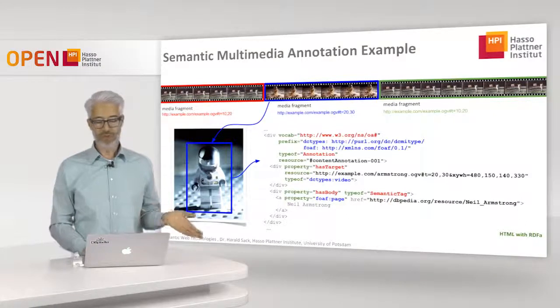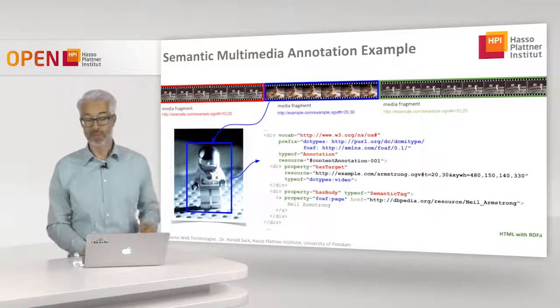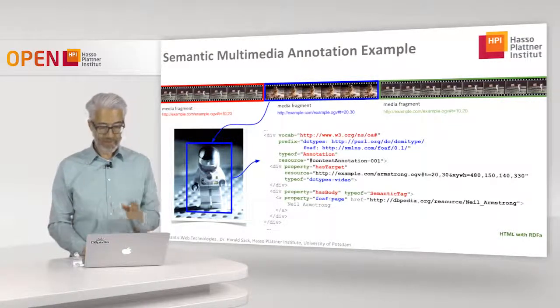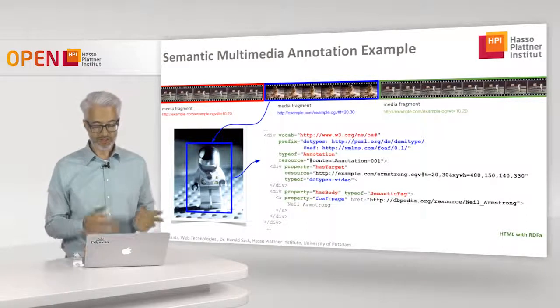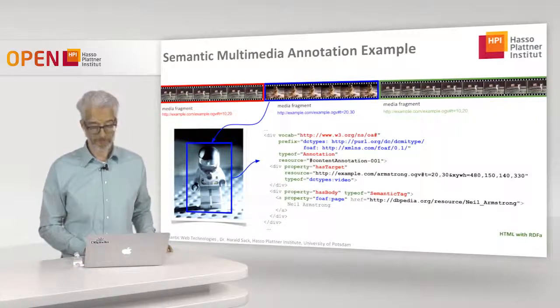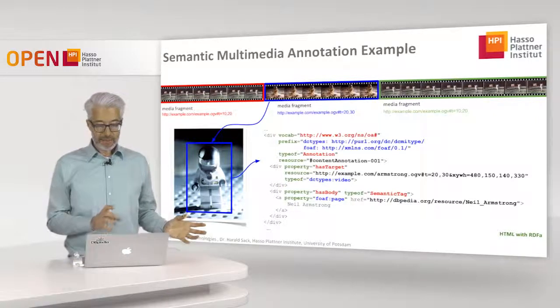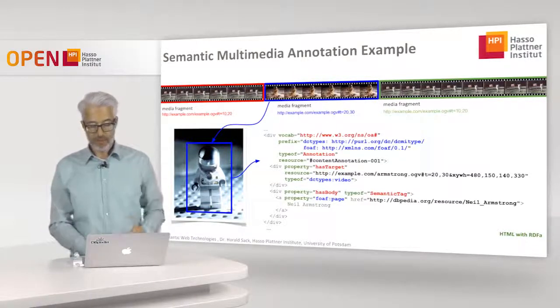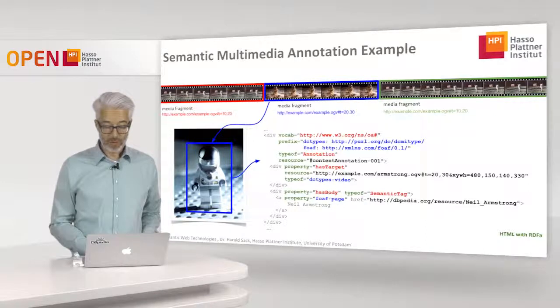I define two prefixes: DC types, which is part of the Dublin Core standard, and FOAF, which we know is the friend of a friend vocabulary. I define an annotation of type annotation. I give this annotation a URI, which will be content annotation 001. Next, I define target and body. Again, the body will be the resource Neil Armstrong.